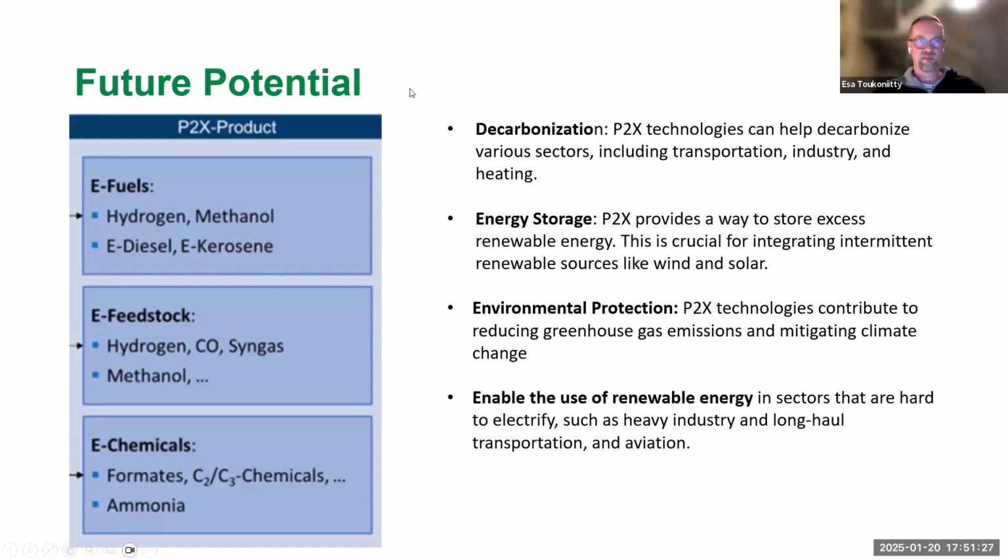So if you have been listening to what I was telling for more or less 1 hour or 50 minutes already, the future potential is of course culminating in decarbonization. Some of these products that Power-to-X processes make can help to get rid of carbon in the fuels.